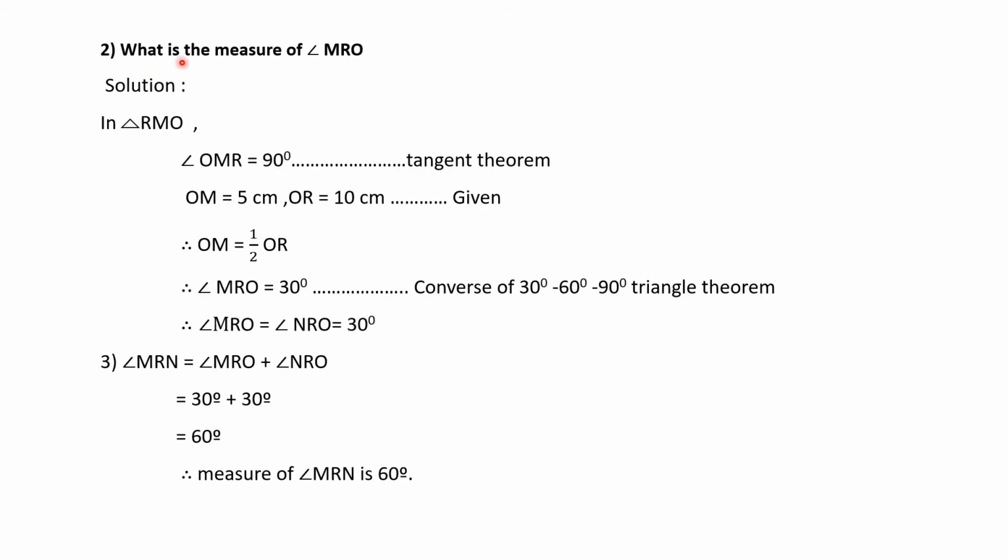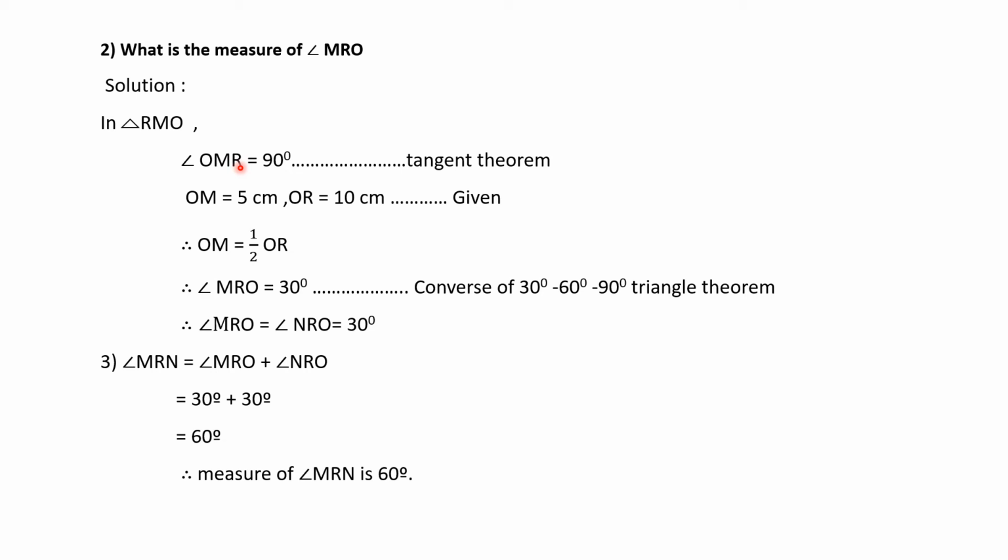Second one, what is the measure of angle MRO? Solution. In triangle RMO, angle OMR is equal to 90 degrees because of the tangent theorem. Seg OM is equal to 5 centimeter and seg OR is equal to 10 centimeter. OR is the hypotenuse of the given triangle and OM is one of the sides.